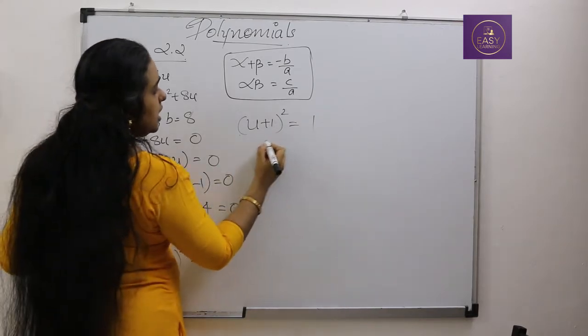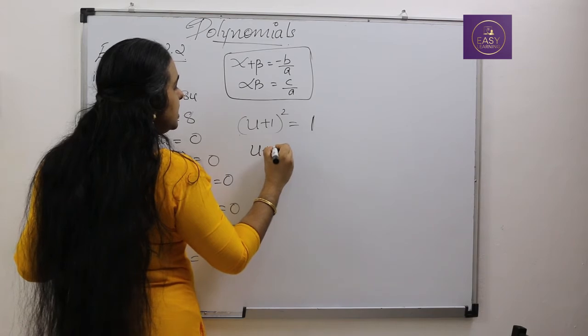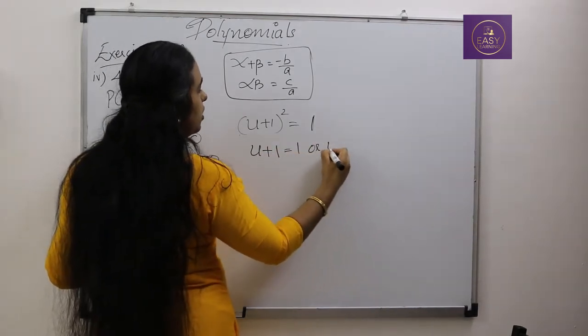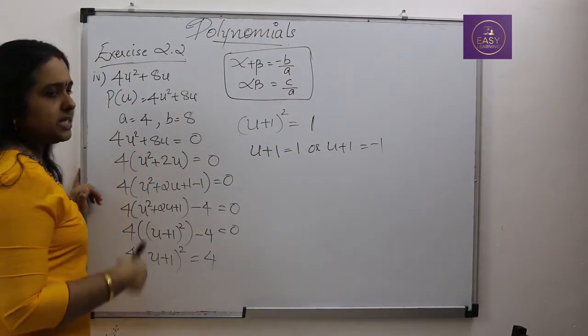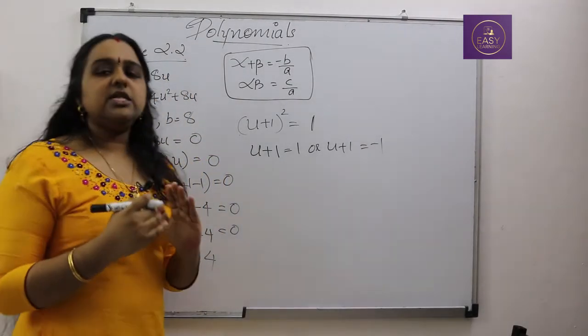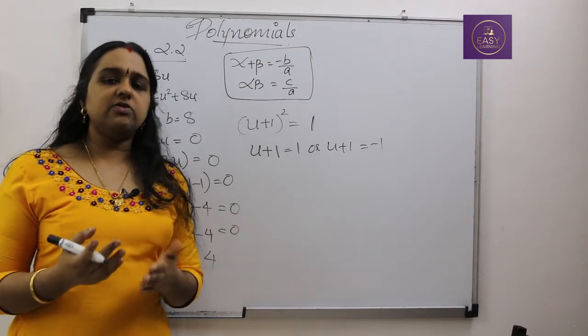That means u plus 1 equals 1 or u plus 1 equals minus 1, plus or minus 1. When we are squaring plus 1, we will get 1. When we are squaring minus 1 also we will get 1.